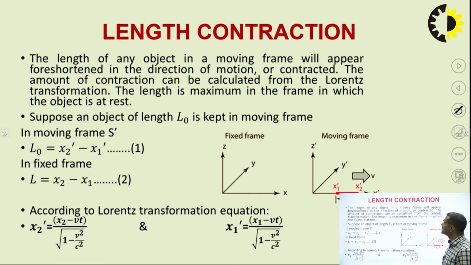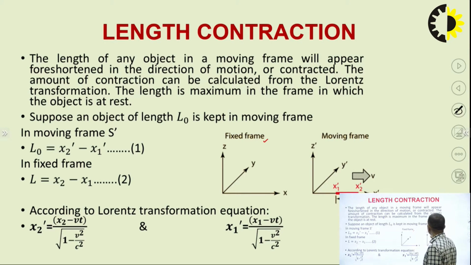So now I will discuss length contraction, which is the main topic I am going to discuss today. Length contraction first, and then time dilation. First I will explain what length contraction is. To understand this phenomenon, we will consider two inertial frames.